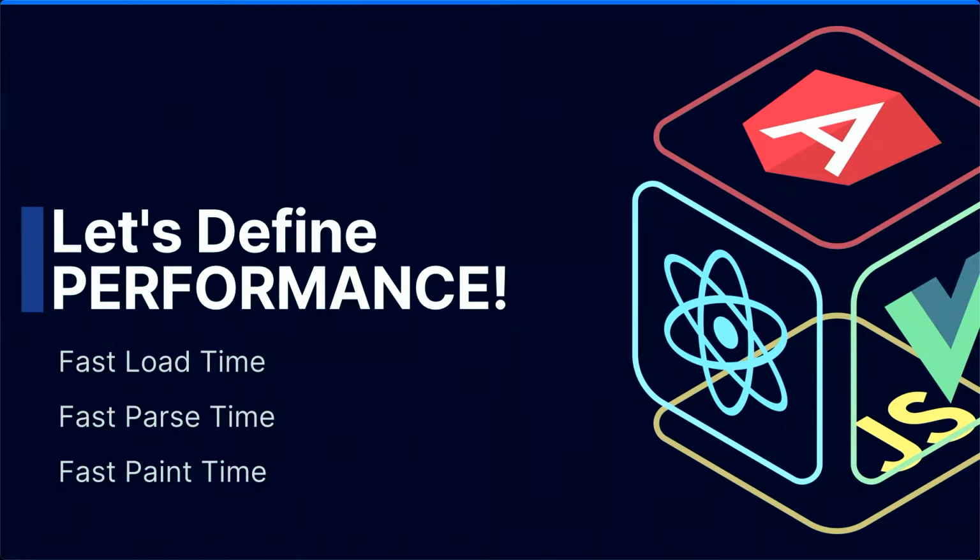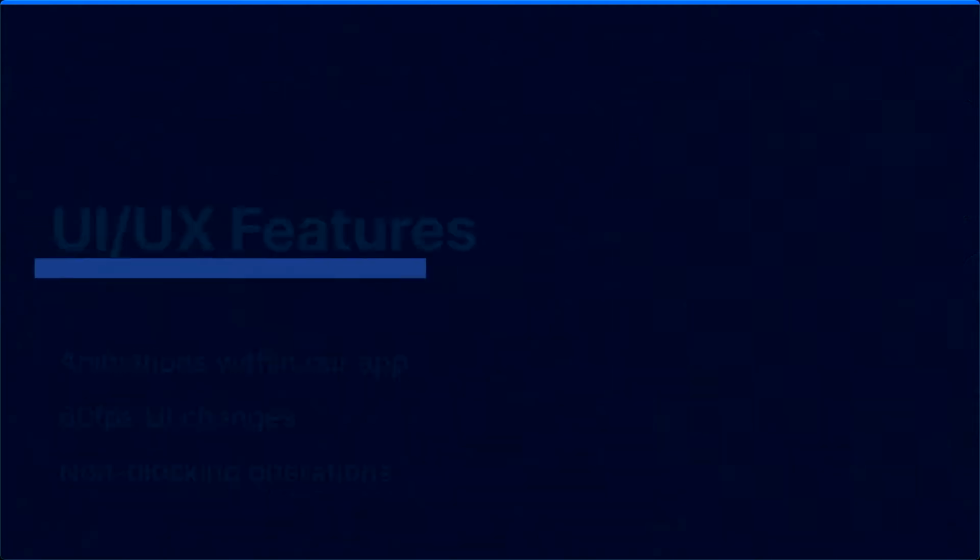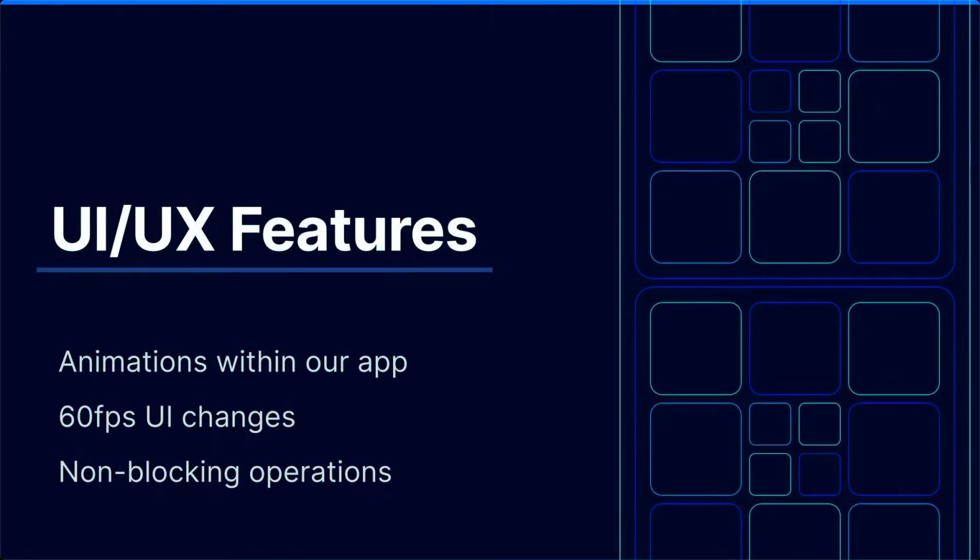There are a lot of good acronyms that people will throw around for this. Largest contentful paint. I'm sure if you go to any Google resource, you'll see LCP and random stuff like that. But what we're going to be talking about is the UI and UX features and how we can measure those performance metrics.